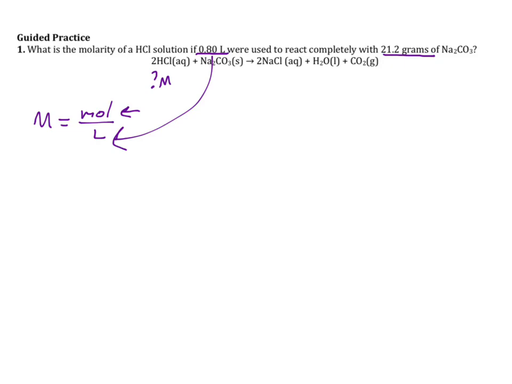So we don't have moles of HCl. We're looking for the molarity of HCl, but we don't have the moles of HCl. So how do we get the moles? Well, look what it gives us here. It gives us 21.2 grams of the sodium carbonate.